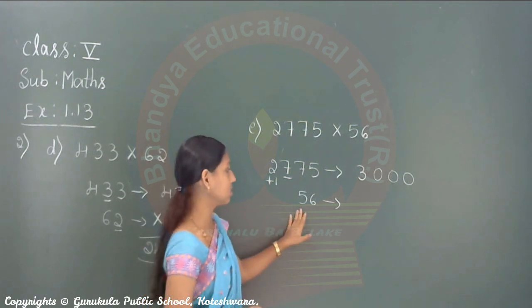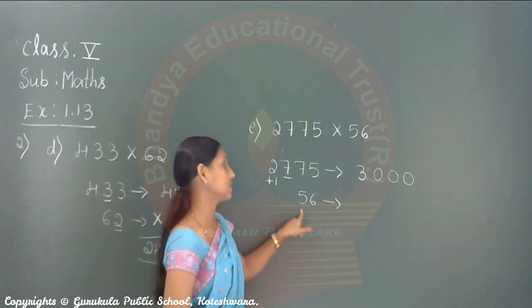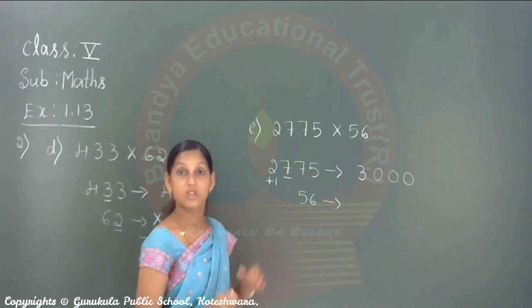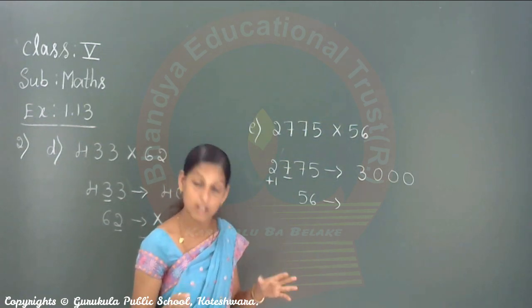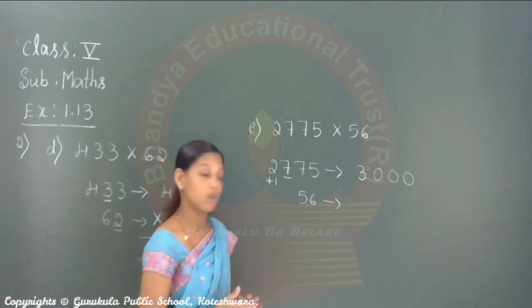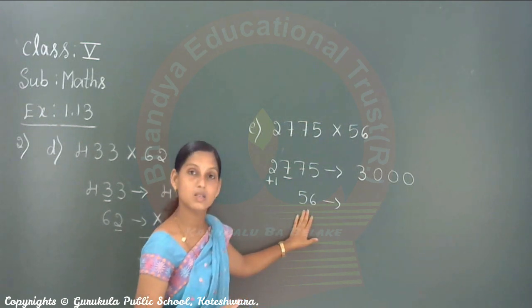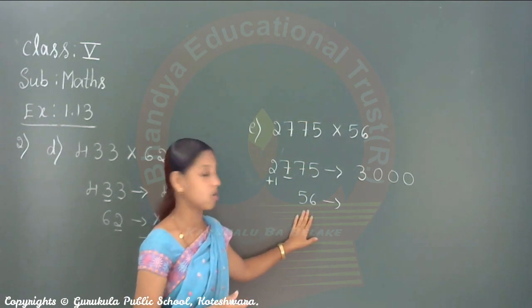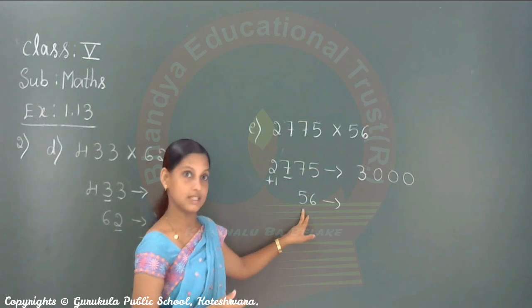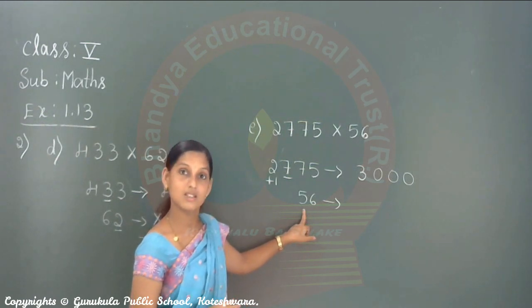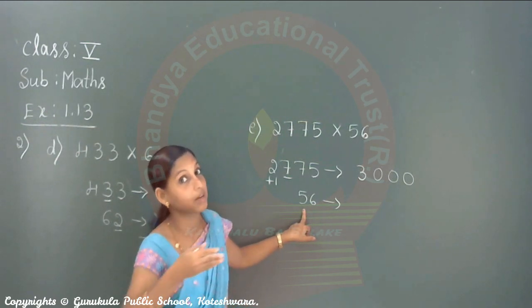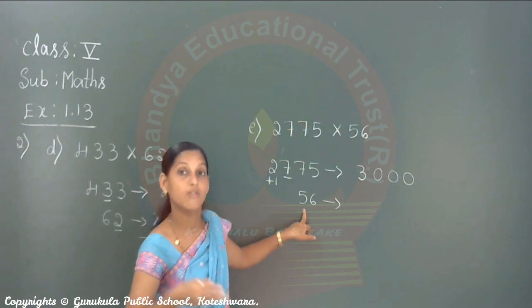Next here, 56. Only ones and tens place is there. So in a multiplication and even in a division, round off the number to its maximum place. So round off to the nearest ten.